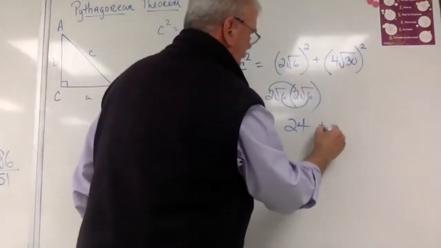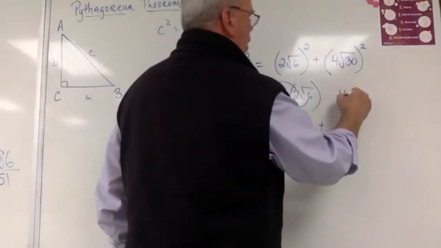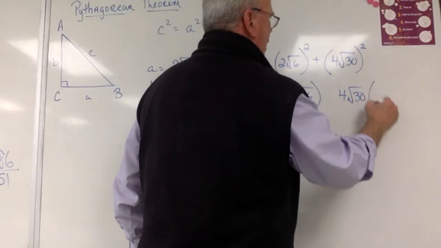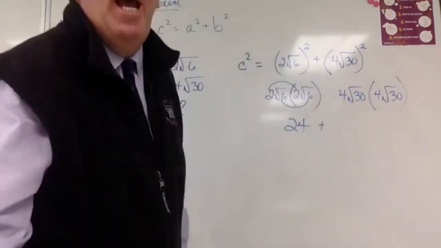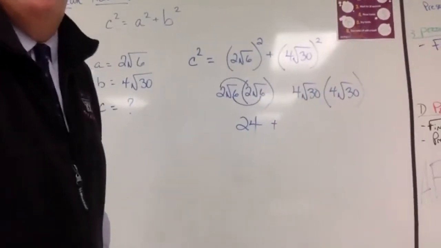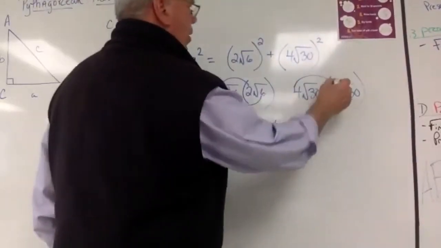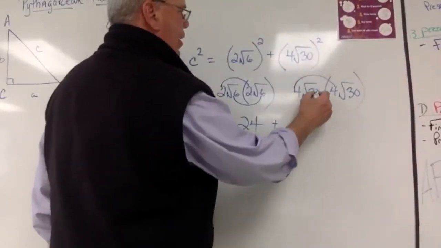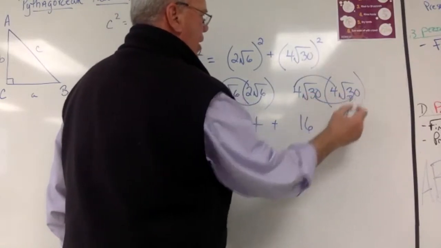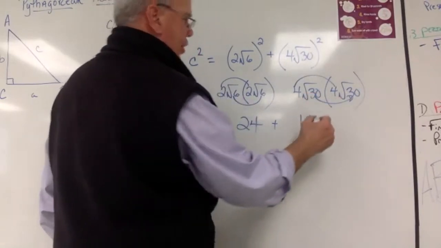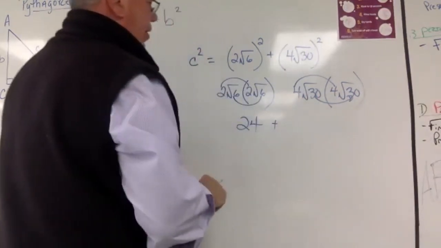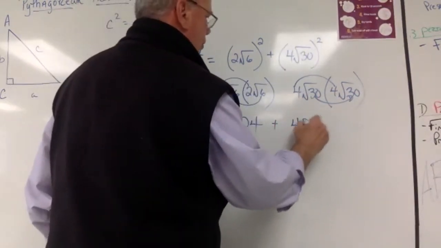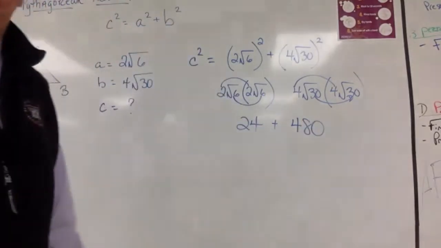Plus, what's 4 radical 30 times 4 radical 30? Outside with outside, under with under. 4 times 4 is 16. Radical 30 times radical 30 is 30. What's 16 times 30? 480.